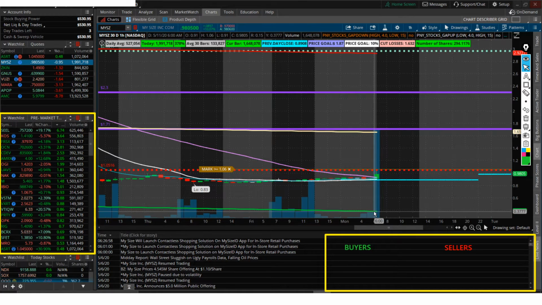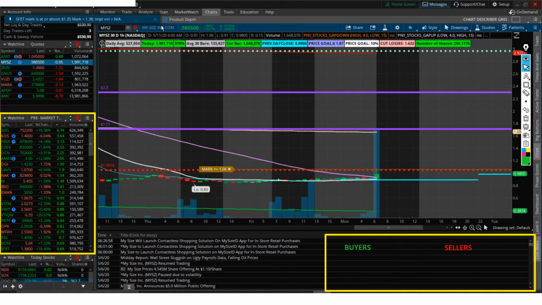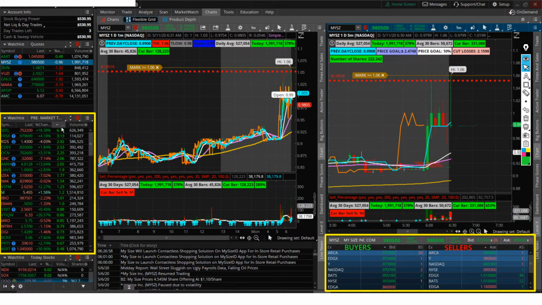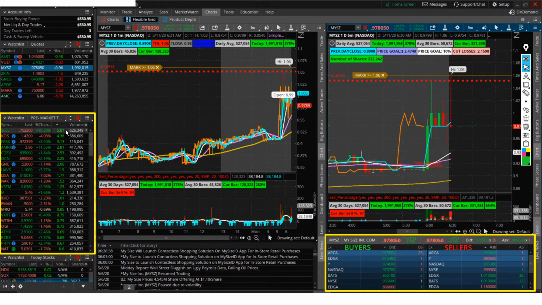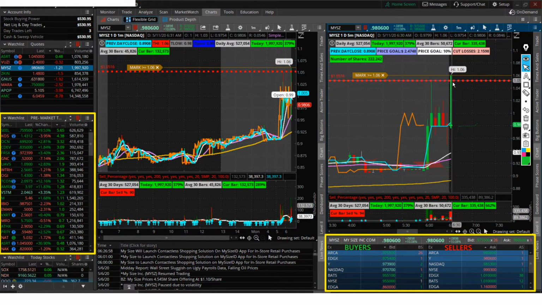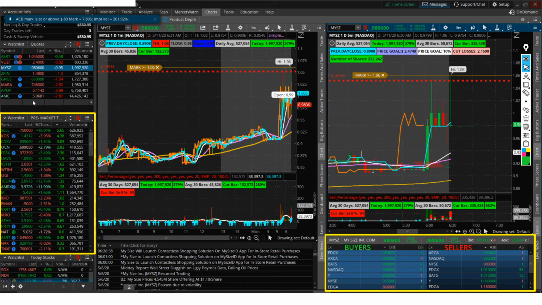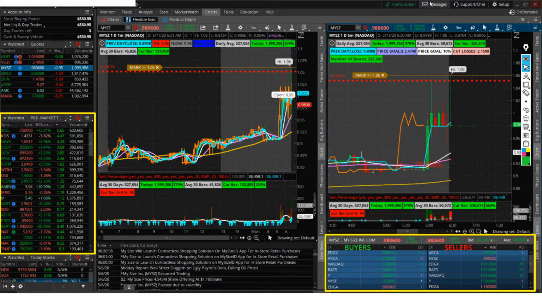It's closer to the green, so definitely a good entry position. So let's see what we got. Now it's selling off, so it looks like that $1.06 is a huge selling point.